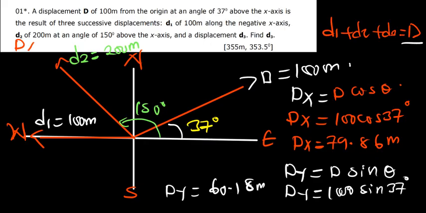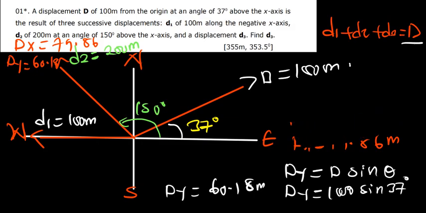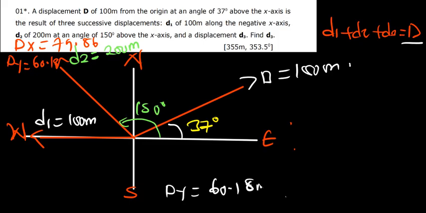I'll say my dx is 79.86. Then my dy is now what? It's 60.18, like that. And then I need to also resolve D1 into its components, which is x component and the y component, like that.